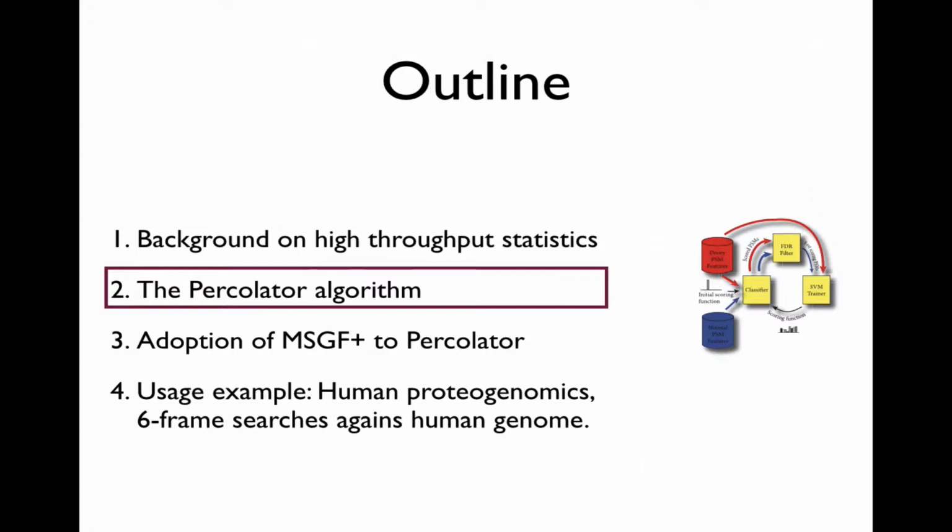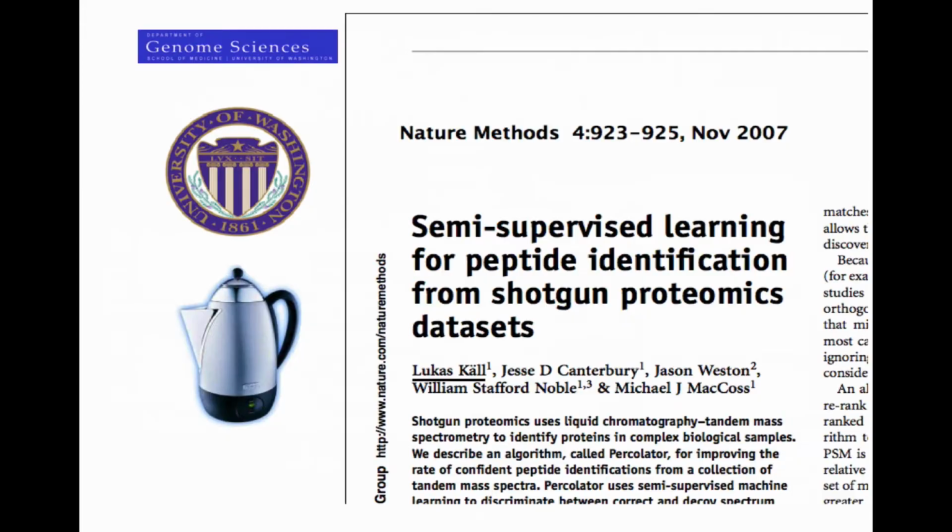Now over to the Percolator algorithm. This is quite an old story by now. We presented this in 2007, and it stems from my postdoc years in Bill Noble's lab in Seattle at the University of Washington. We collaborated quite heavily together with Mike MacCoss, who is also the senior author on this paper.